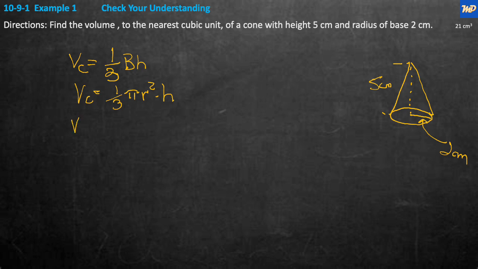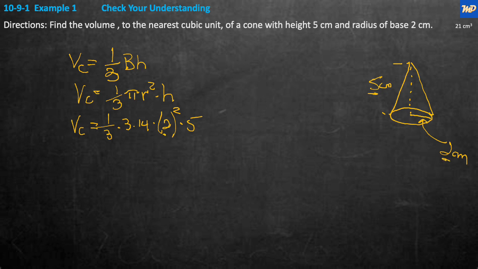To the next line. The volume of the cone is 1/3 times 3.14 times 2 squared times 5. We replaced the h with the 5, and we've replaced the r with the 2 centimeters.